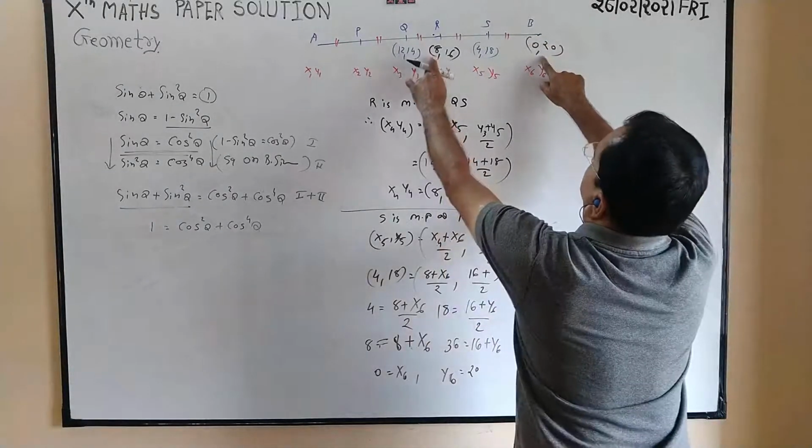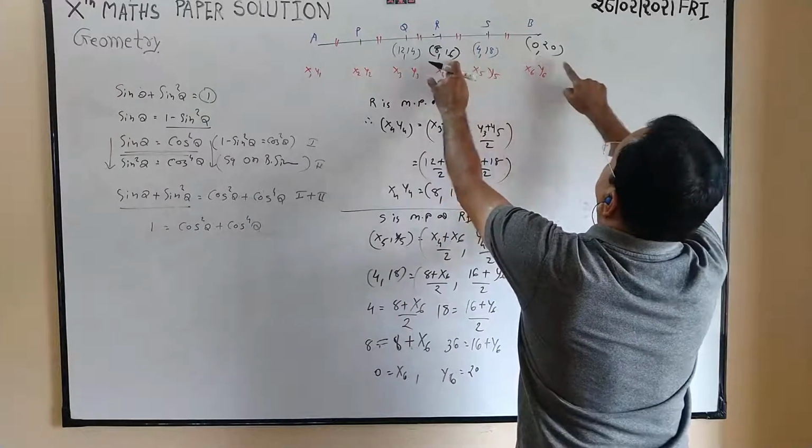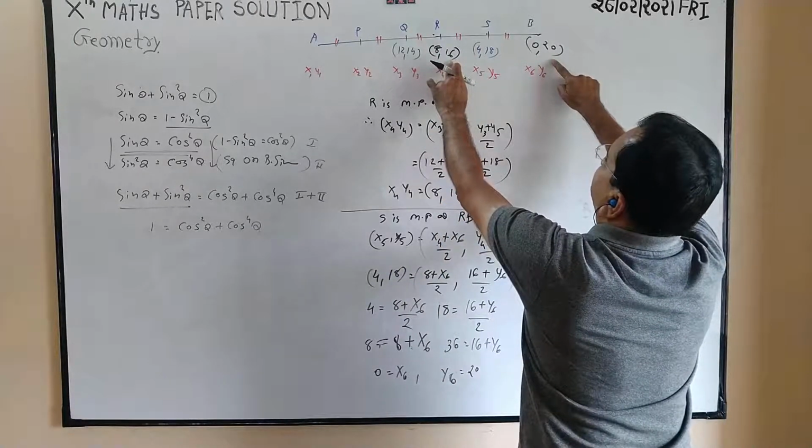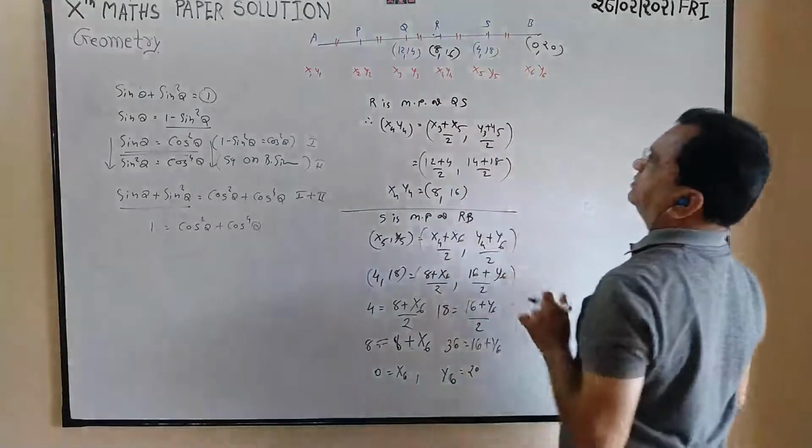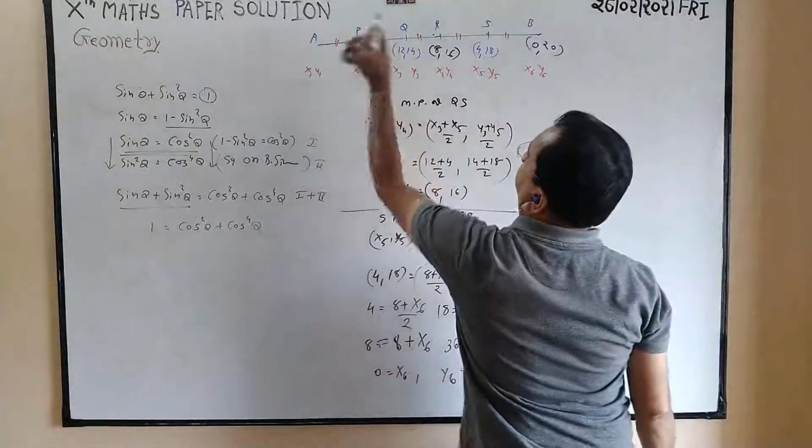So 0 plus 8, 8 divided by 2, correct. 16 plus 20, 36 divided by 2, 18, correct. Exactly the same.